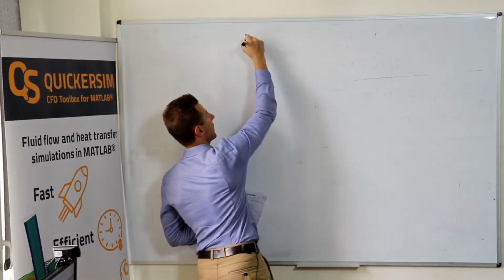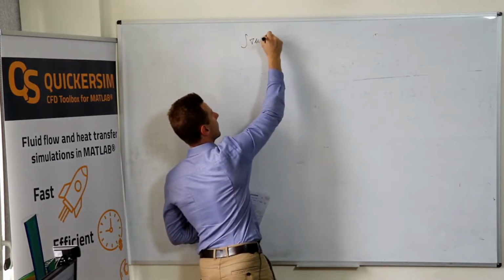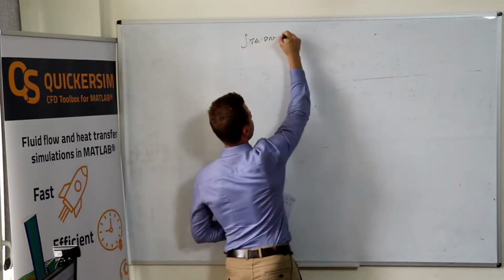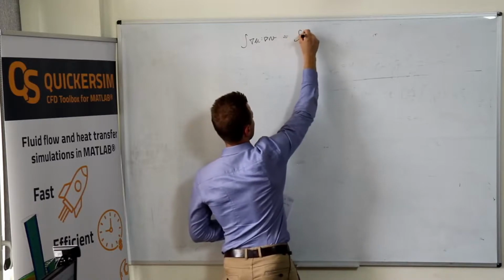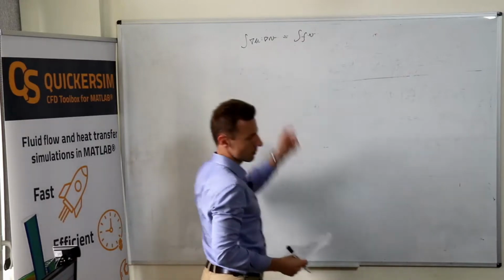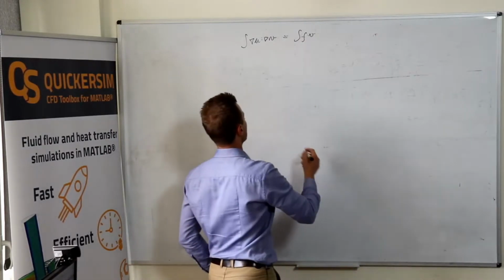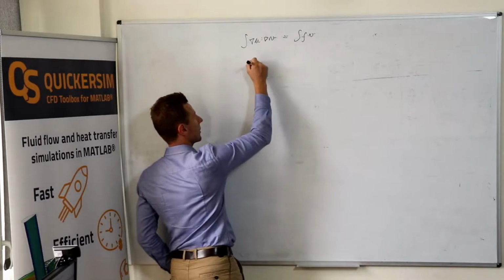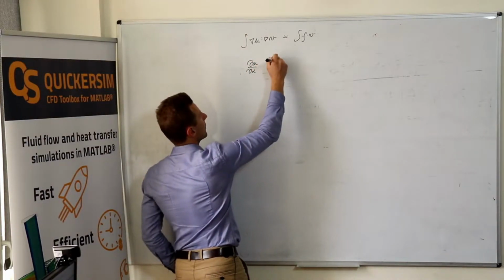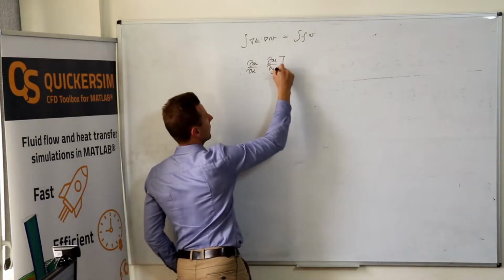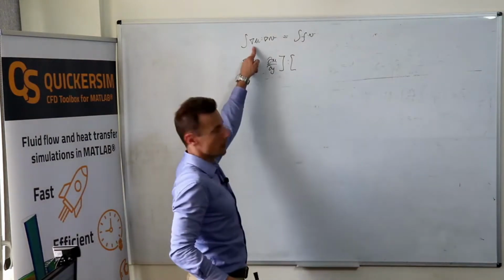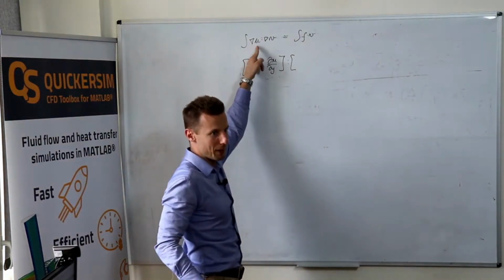We need, again, the 2D case. You should get ux, du dy, because you need to end up with something that will be the matrix.